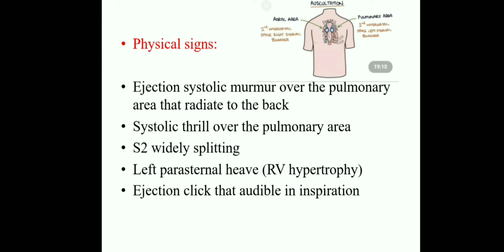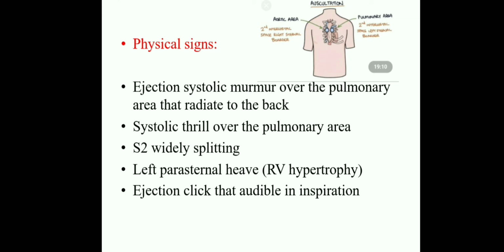And next one is the physical signs. What are the physical signs in pulmonary stenosis? Ejection systolic murmurs over the pulmonary area that radiate to the back. Whenever we are auscultating, the murmur is radiating from the pulmonary area to the back side of the shoulder.